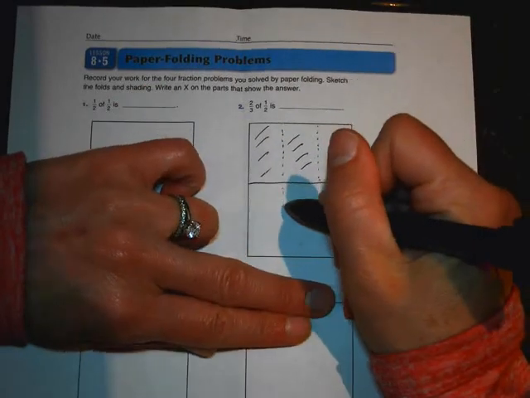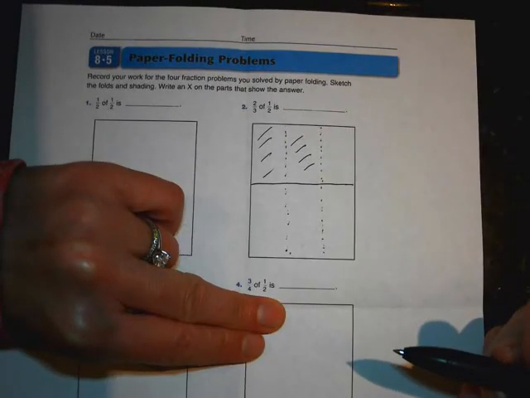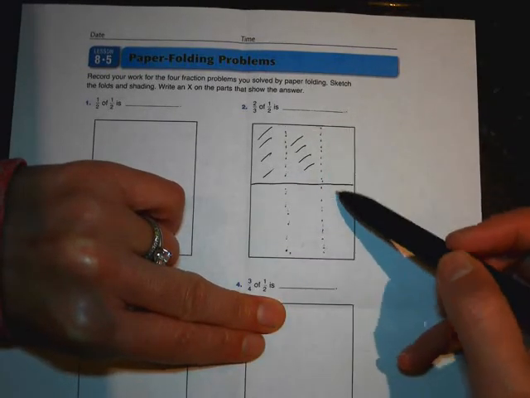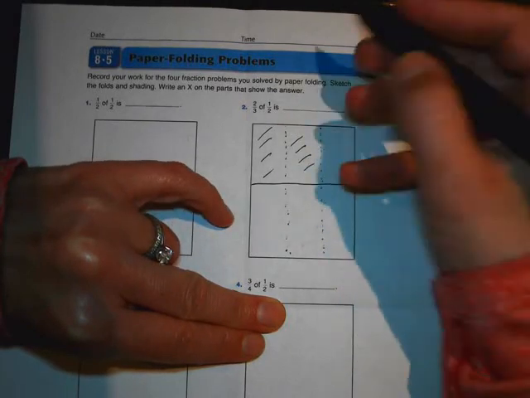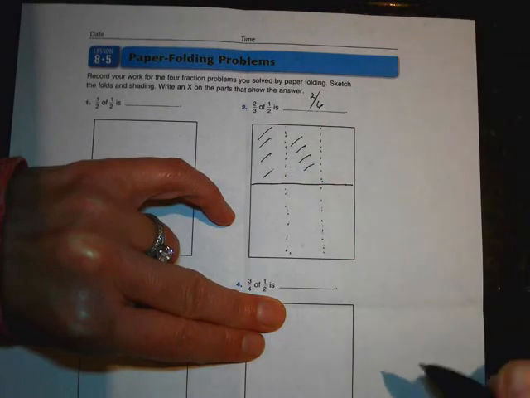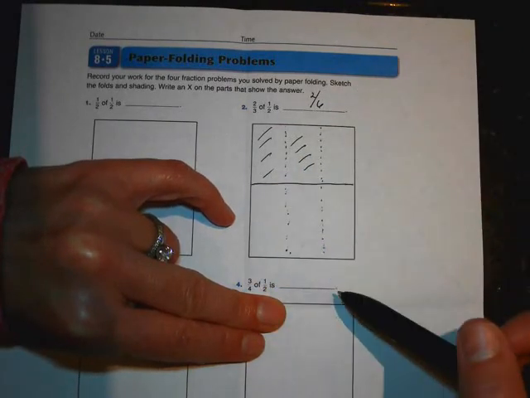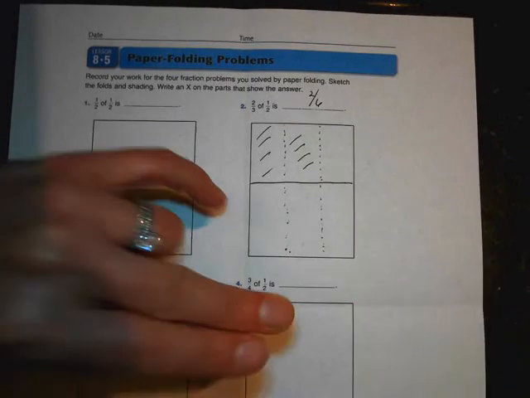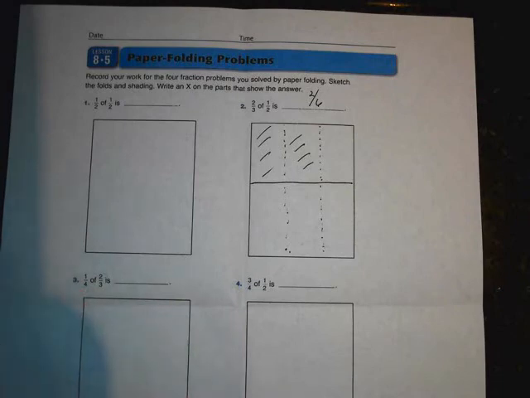Now if you folded it, you'd have dots all along the line like that. So when you open it up, that's what it would look like. You'd say, oh, my paper's been folded up into 6 pieces, and I want 2 of them. So the kids would say the answer is 2/6. They don't simplify that stuff yet. Anyway, I just thought I'd show it to you, just because it's something that my kiddos did.